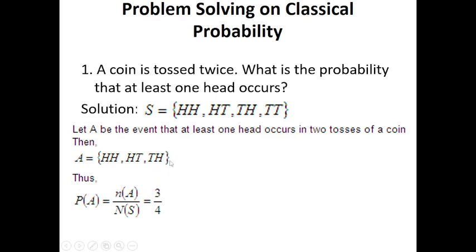So, 3 over the outcomes of our sample space, 4. Okay? So, we have 3/4. That is the probability that at least one head occurs in two tosses of a coin. So, the chance is high. The chance that at least one head occurs in two tosses of a coin is 3/4 or 75%. Okay? So, we can proceed.